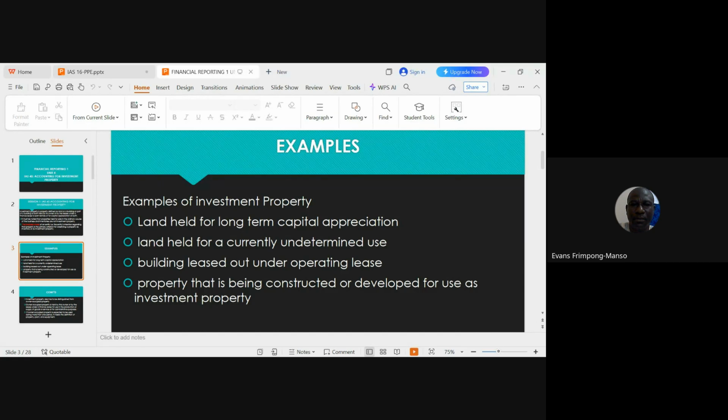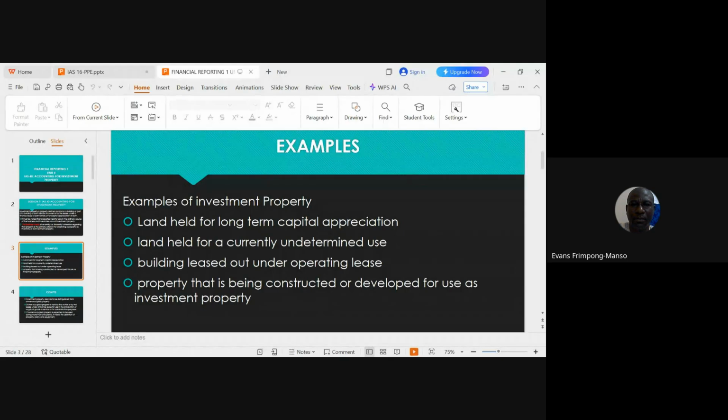But with the operating lease, the risks and the rewards are substantially retained by the lessor. So very soon, I think next week when we are looking at IAS 36 and 38, we will come to look at finance lease and operating lease properly.